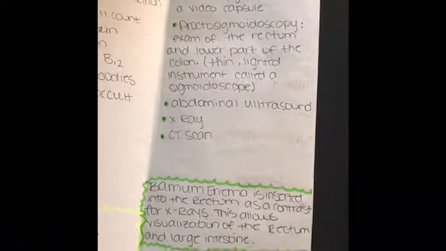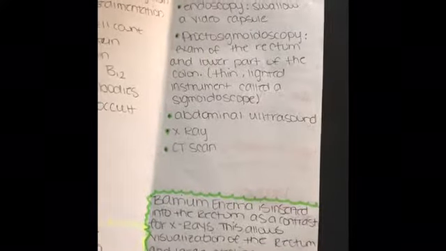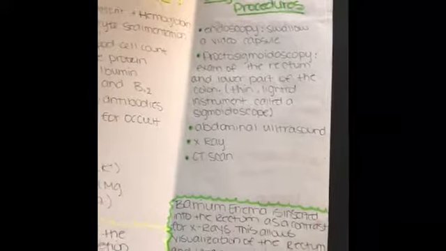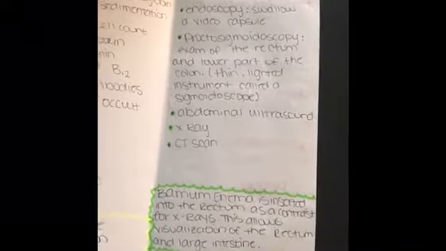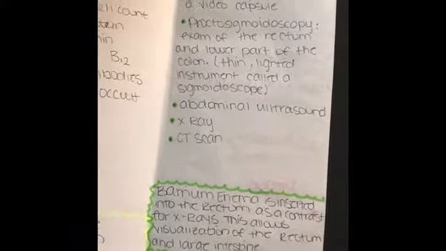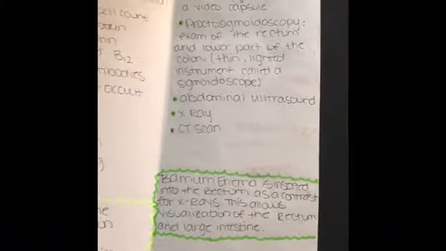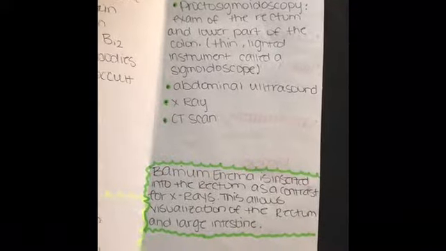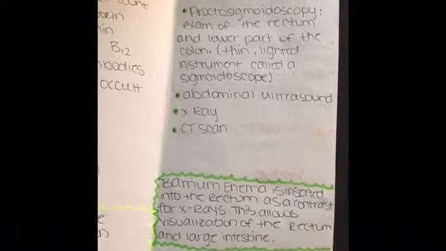Diagnostic procedures, endoscopy. There's now technology where you can swallow kind of like a pill capsule, and it takes a video of your GI tract from your mouth all the way to the exit. A proctosigmoidoscopy is an exam of the rectum and lower part of the colon. It's named after, obviously, the sigmoidoscope, which is a thin lighted instrument.